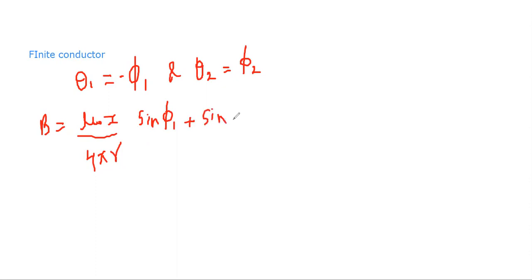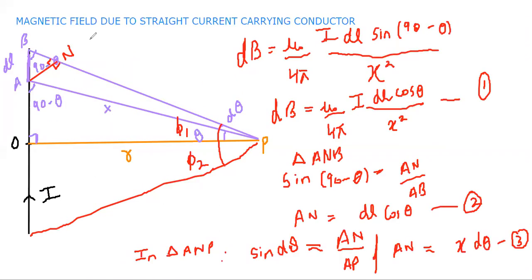So in any numerical where the conductor's length is finite, you will use this formula. But in the case of an infinite conductor, you just have to think about the values of phi 1 and phi 2. If you see the diagram again, as the length increases, this angle would increase. The maximum angle can be pi by 2. So phi 1 can become pi by 2, and if this is infinite, this length also increases, and it can go to a maximum of pi by 2.